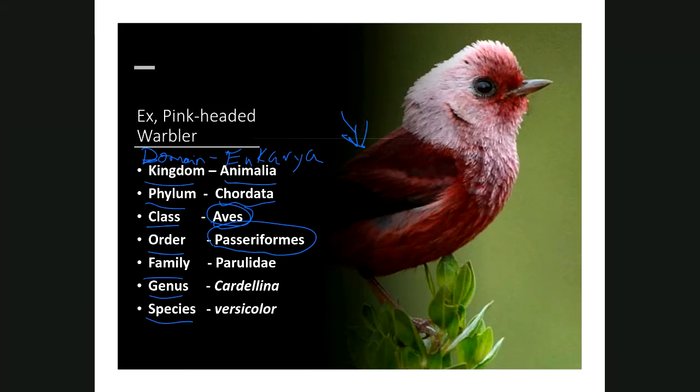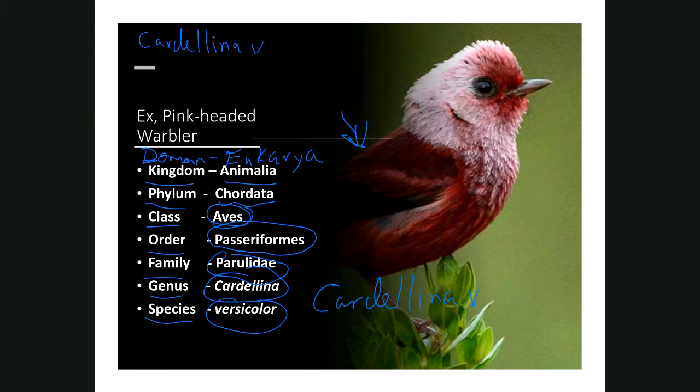That's the Parulidae. And this specific warbler is in the genus Cardellina and species versicolor. Right, so its species name is Cardellina versicolor. Let's write it over here, nice and well. Cardellina. You don't have to know this name, of course. I'm just using it as an example.